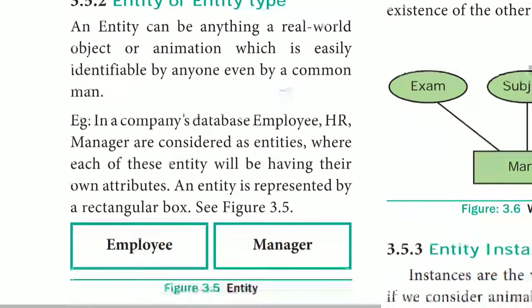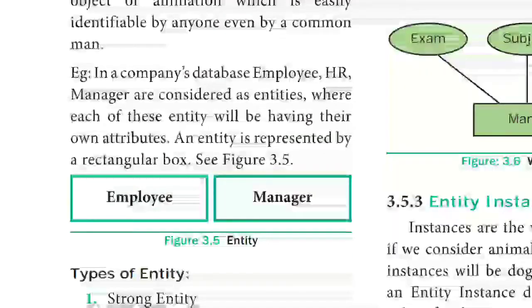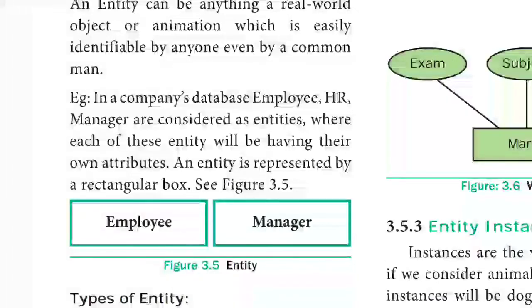Here they have given an example. In a company's database, employees and HR managers are considered entities, where each of these entities will have their own attributes. Attributes means their works, their activities. In a school management system, student is an entity, and he has some attributes: he is here to study.